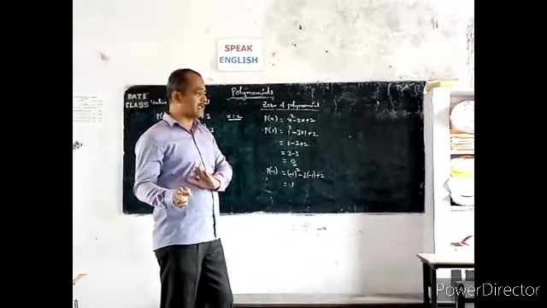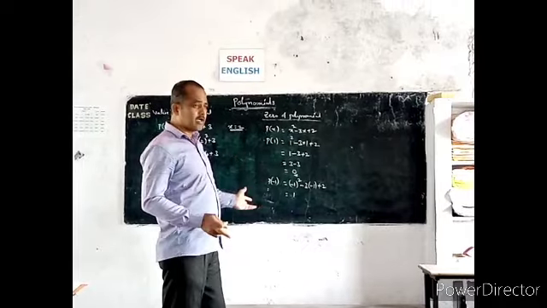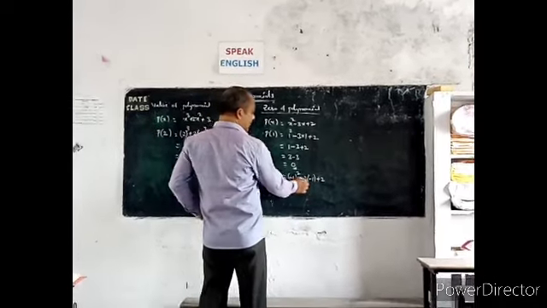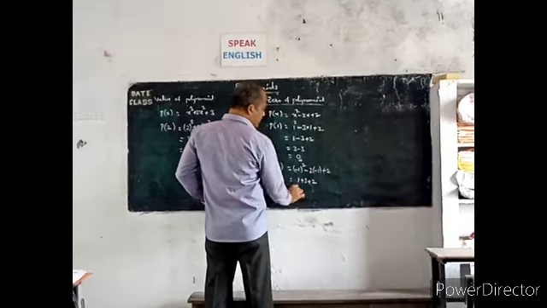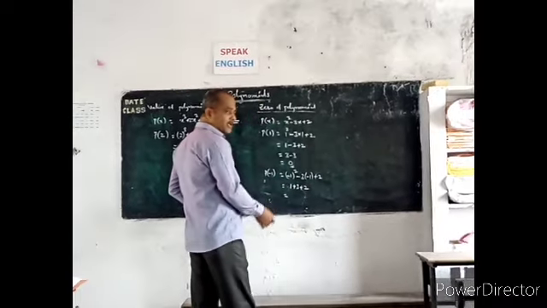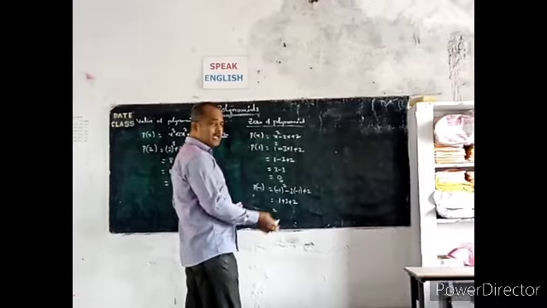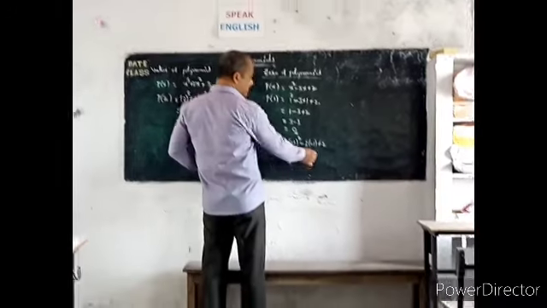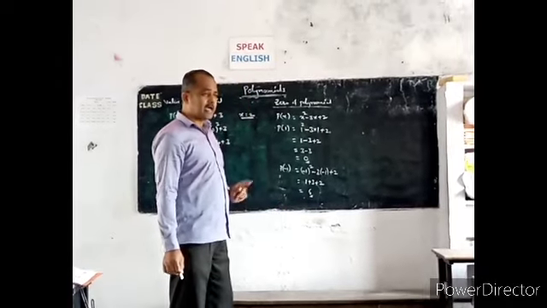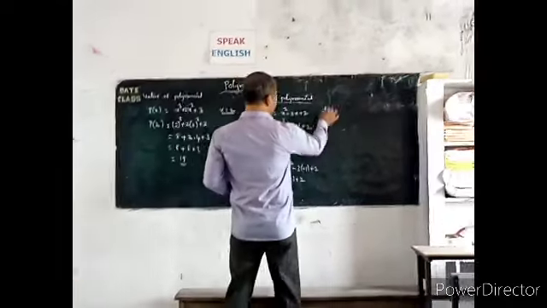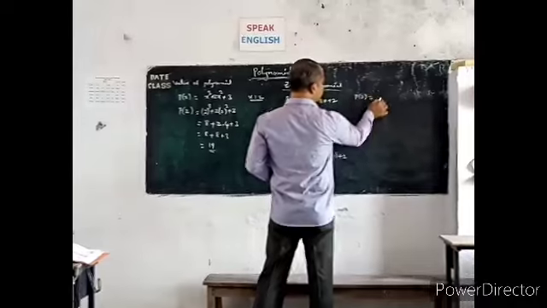Minus into minus is plus, 1 into 1 is 1. So plus 1. Here minus into minus is plus 3, plus 2. 1 plus 3 plus 2: all are positive numbers, so it is 6. So it is not a 0.